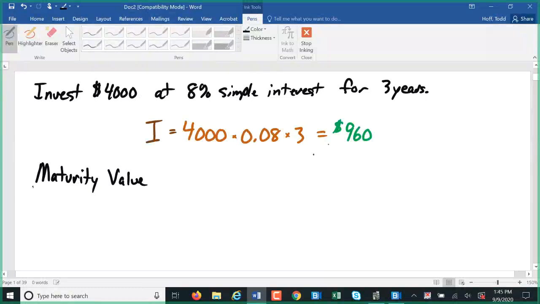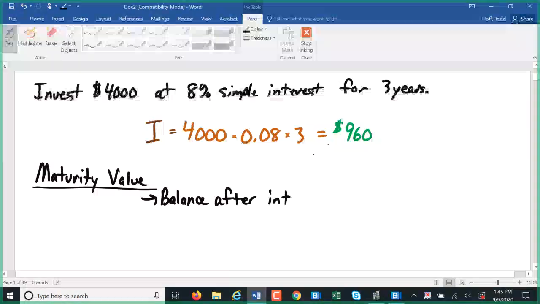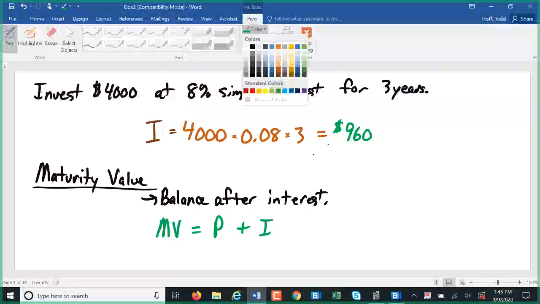Well, then there's an additional item called maturity value. This is the balance after interest. And this formula is quite simple. The maturity value is your principal, your starting amount, plus your amount of interest that we just calculated.